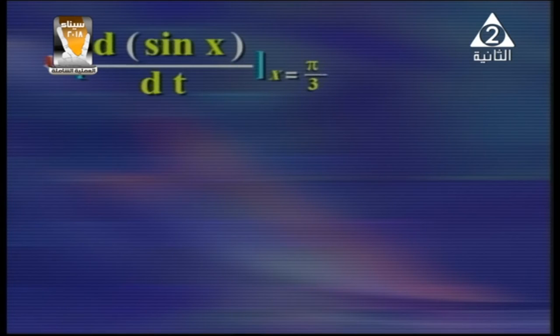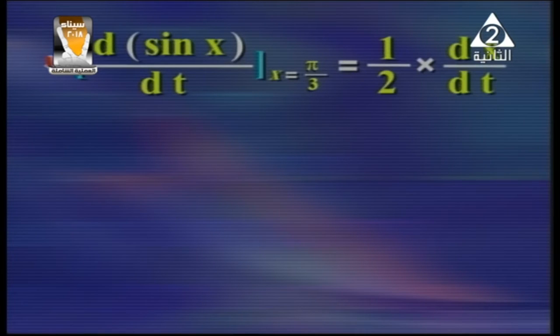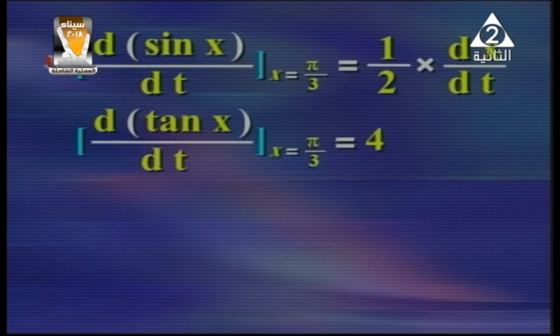d sine x/dt at x equals pi/3 equals half times dx/dt. d tan x/dt at x equals pi/3 equals 4 times dx/dt.